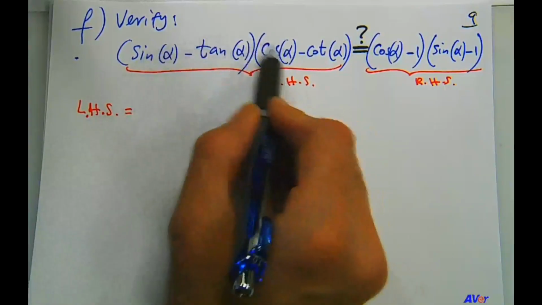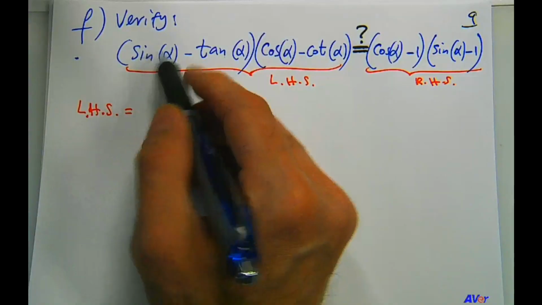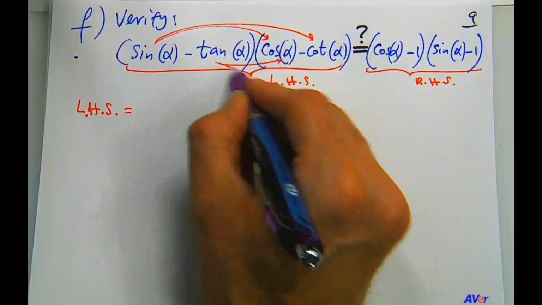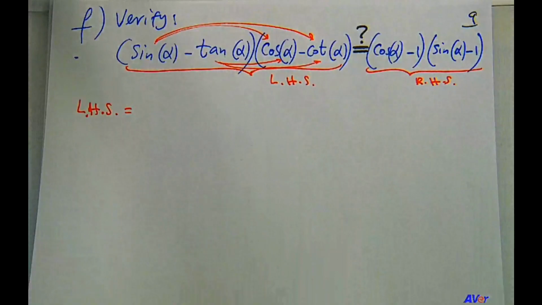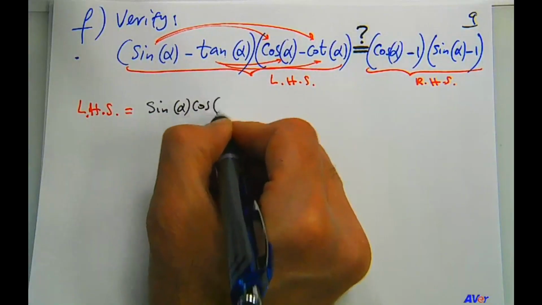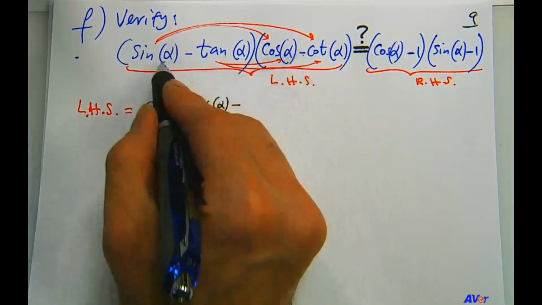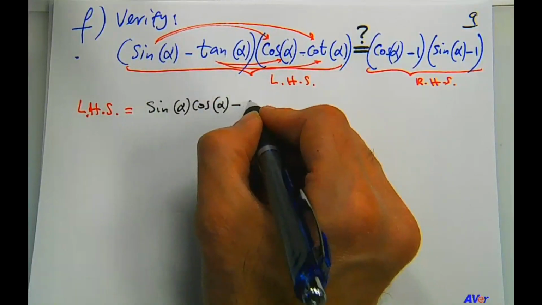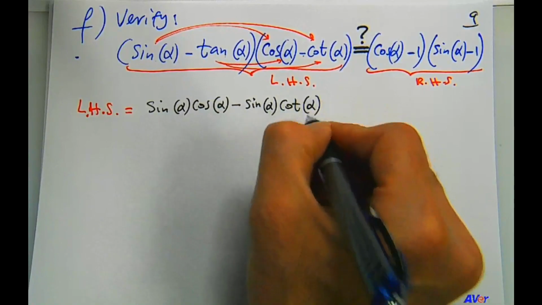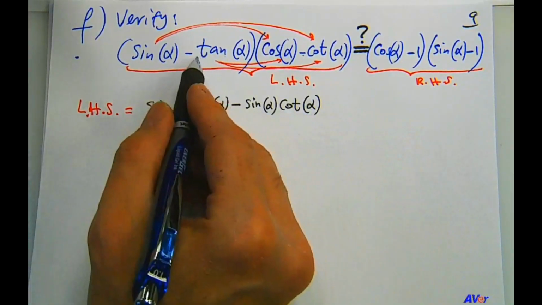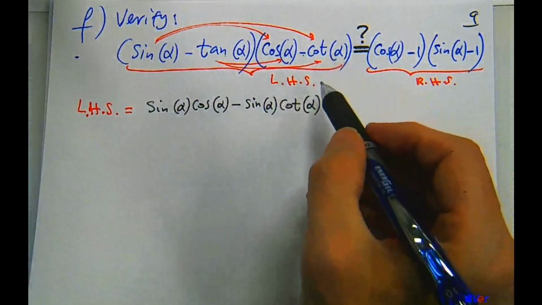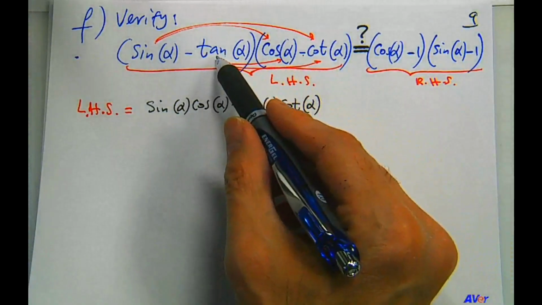We can FOIL this. Sine of alpha times cosine alpha. So this is what we're going to do. This multiplied by that, then this multiplied by these two. So let's do that. Sine of alpha times cosine of alpha, then minus sine of alpha times cotangent of alpha, then minus cosine of alpha times tangent alpha.